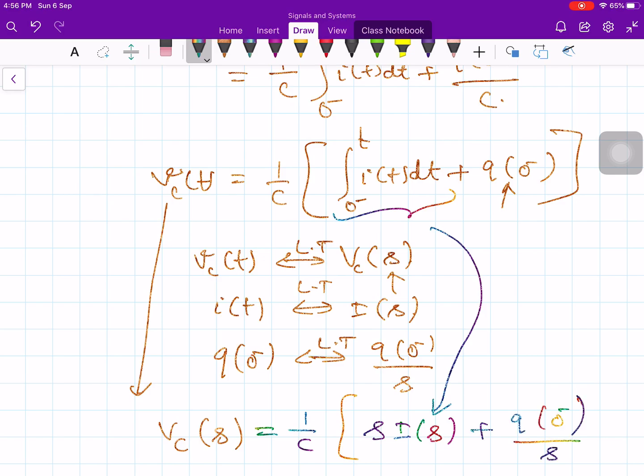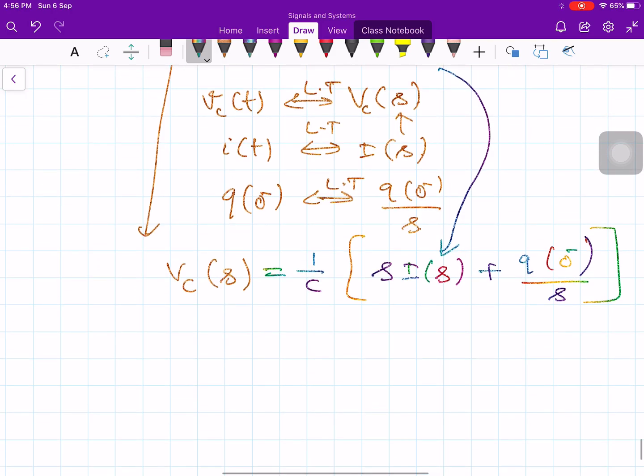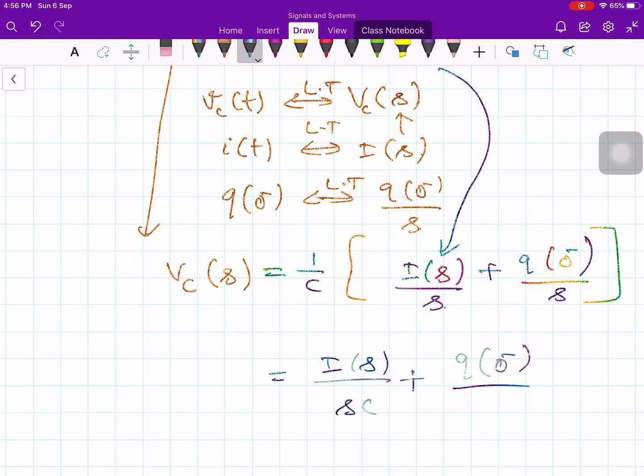Now you multiply this 1 by c inside. I'm sorry, I did it wrongly. It becomes I of s divided by s. So this is going to be I of s divided by sc plus q of 0 minus divided by sc. So V of s.